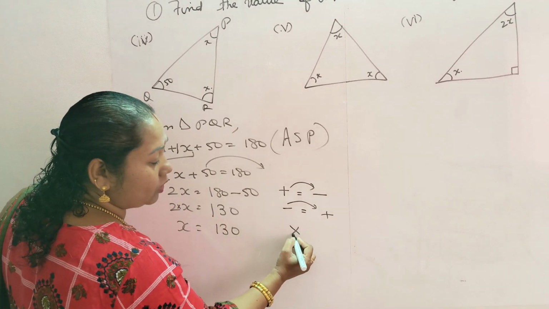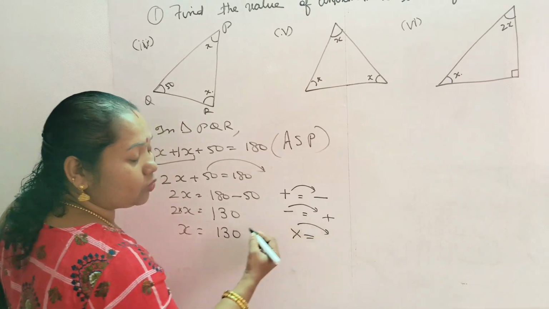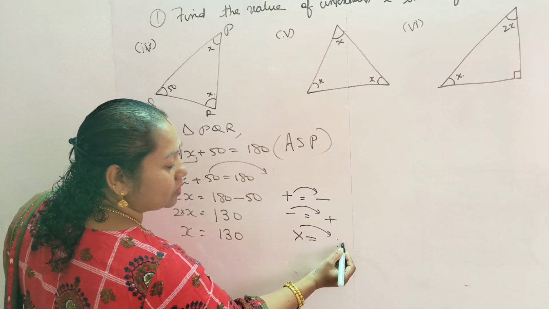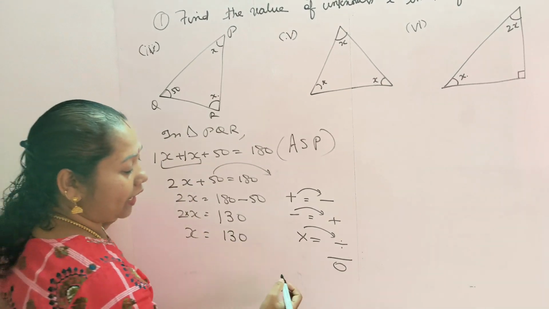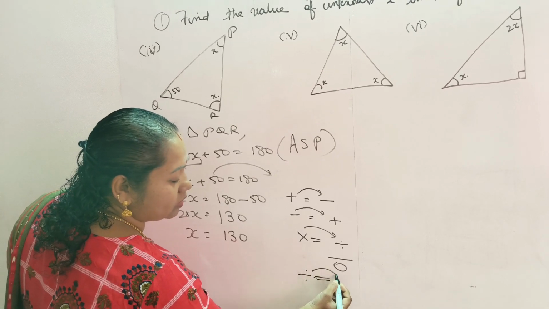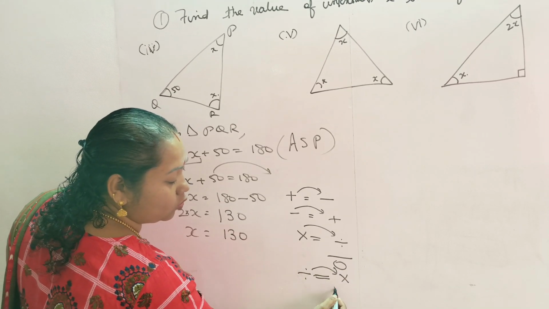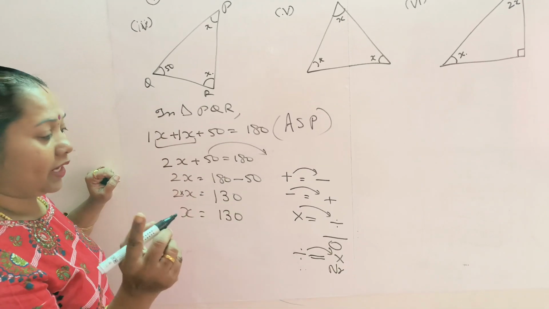Same thing, if the multiplication sign, that is into, is crossing the equal sign, then it becomes division, that is, it will come to the denominator. And if it is in division, then when it crosses the equals it becomes multiply, that is, since it is in the denominator, it will come to the numerator side.